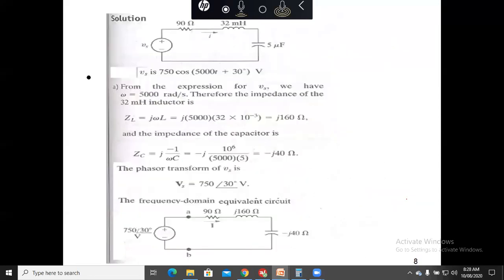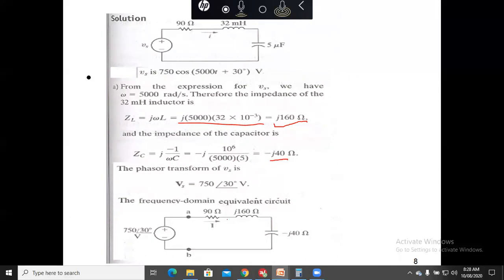So we calculate the value of j omega L by this formula, that is j160 ohm. And the value of XC is in fact minus j40 ohm.